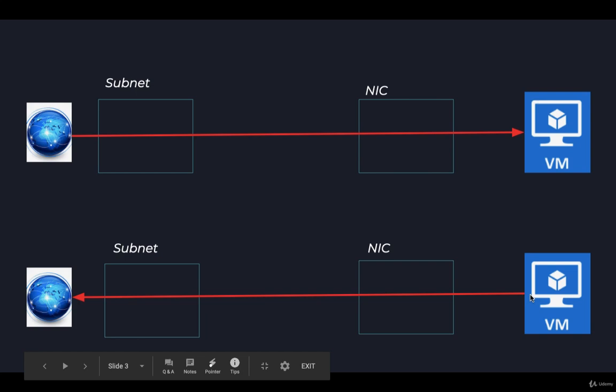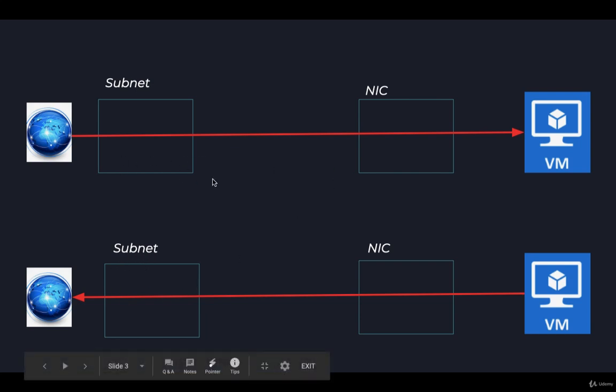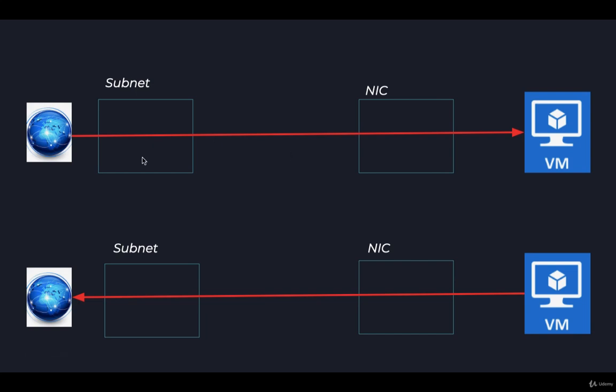But if it is outbound traffic flowing out from your virtual network, the NSG at the NIC level is evaluated first, and then it checks if an NSG is attached at the subnet level. So this is in general how the traffic or packet flows.